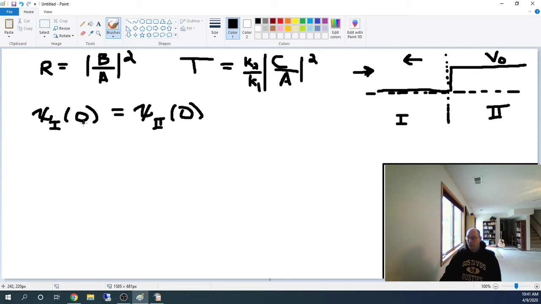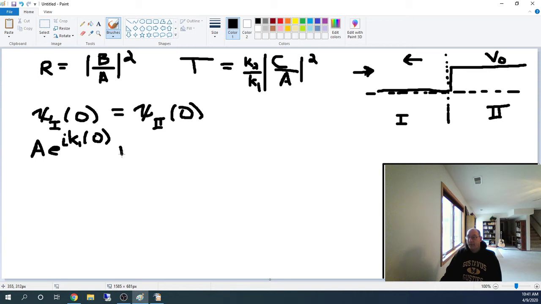Remember what the wave function in region 1 was. I know I erased it, but if we're following along, it's A times e to the i k1 x, but at x = 0, e to the i k1 times 0 is e to the 0 power, which is 1.